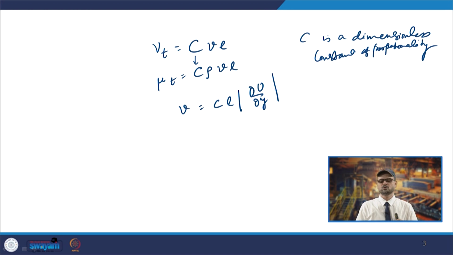Dimensionally, this will be correct, because if the eddy length scale is L, in that case you correlate it with the velocity gradient.